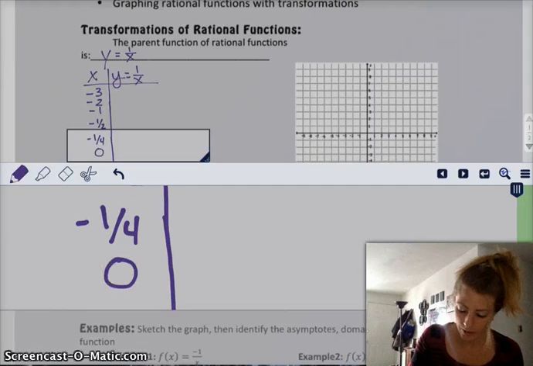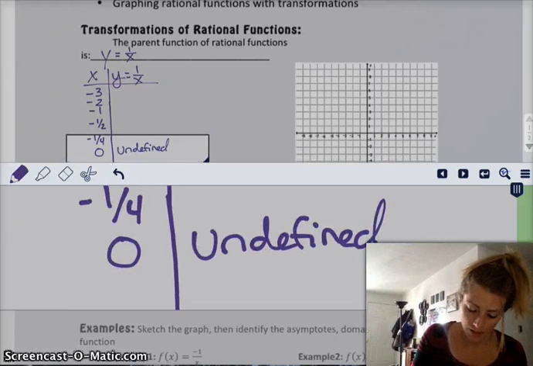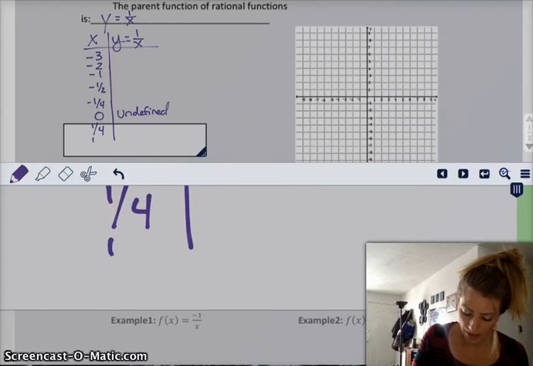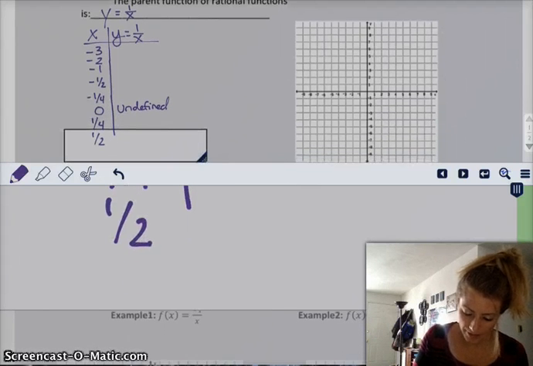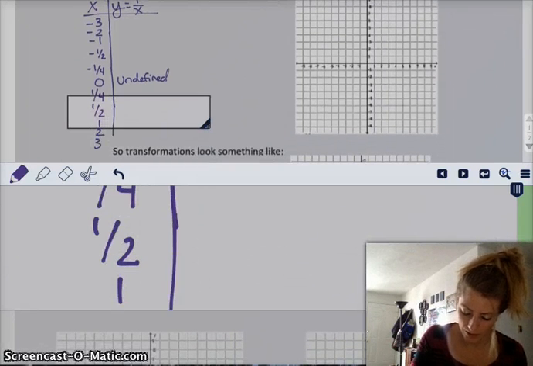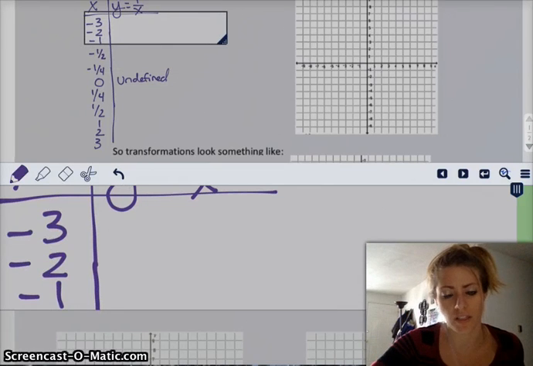And then 0 we write as undefined. And then let's go the same but for positive. So 1/4, 1/2, and then 1, 2, and 3. And figure out what those things are. So I'll go through the first couple and then I'll just fill out the list.